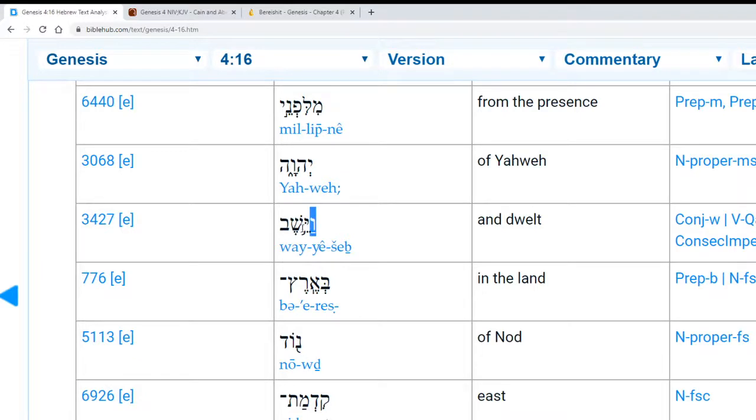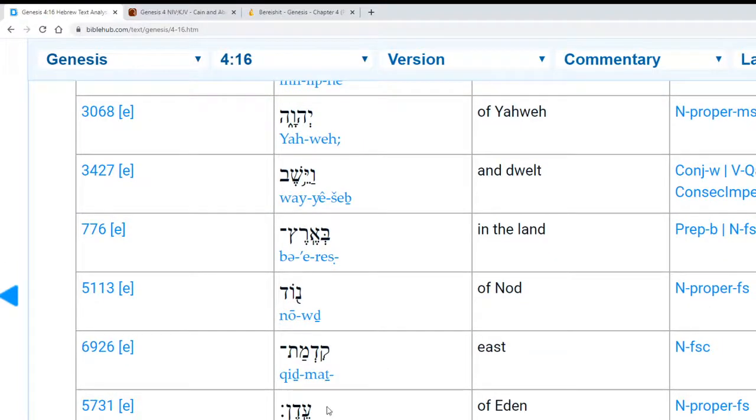Vayeshev, I would say a yishuv is a settlement. Vayeshev be'eretz. So prepositional bet, there's no article the in the Hebrew. Eretz, in land, nod, and you'll notice that nod is similar to nad, right? We said na venad, right? There is a similarity there. Nod, and he in the land of Nod, right? Eretz Nod.